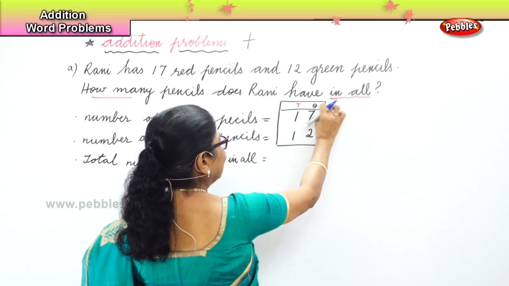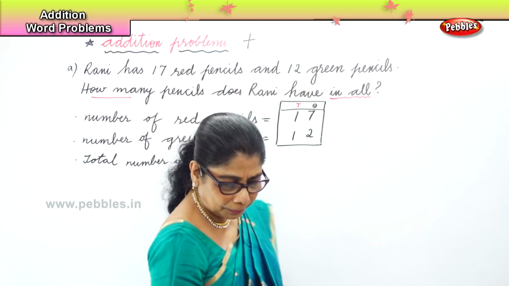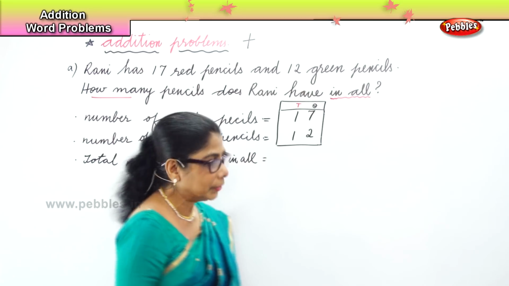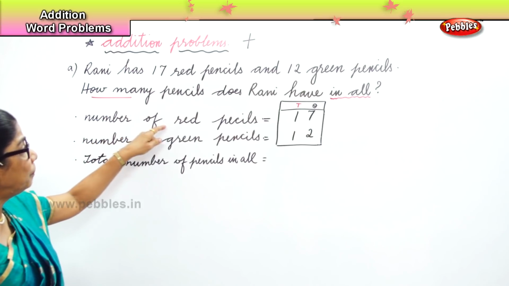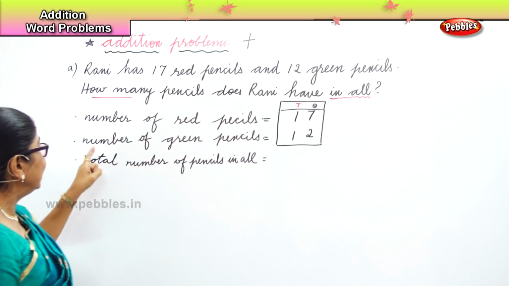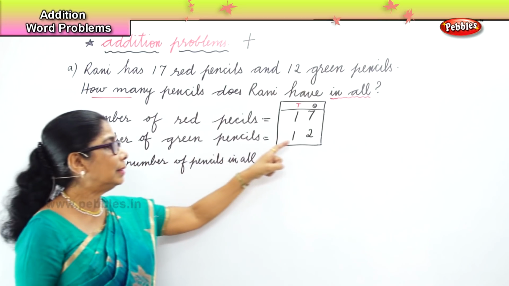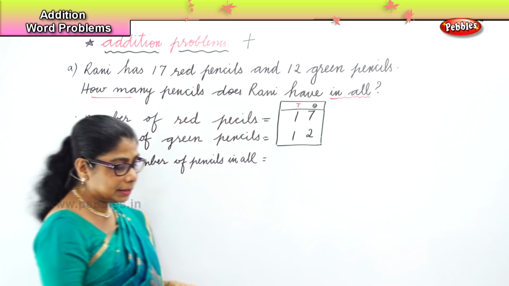You must write that regularly so that you do not make a mistake. Tens and ones. Now, look at the problem again. Number of red pencils, 17. Number of green pencils, 12. Total number of pencils in all.